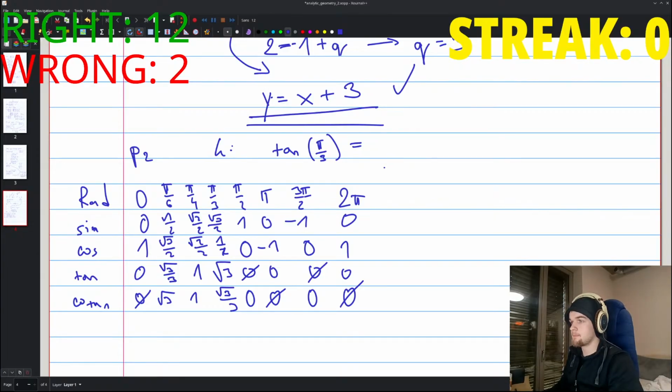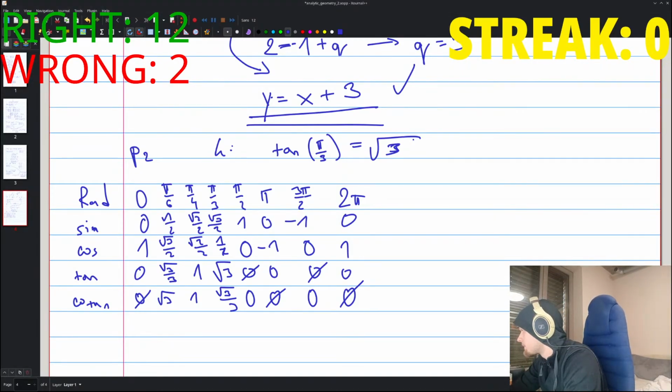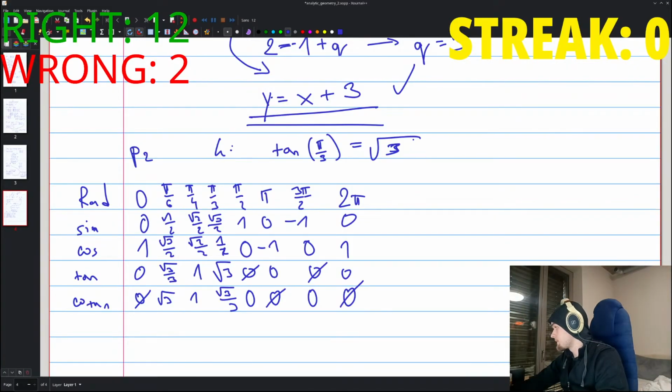No, that's cotangent, I messed up. Let's quickly check the table whether it's correct or not. Yes, it's correct.